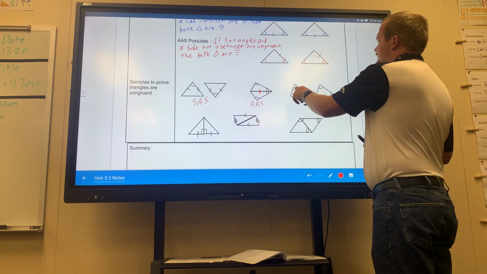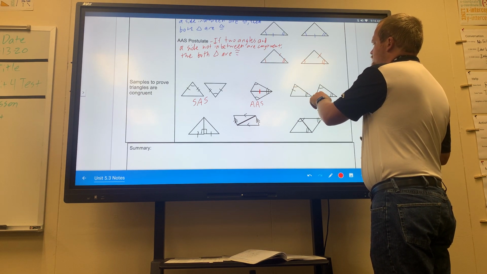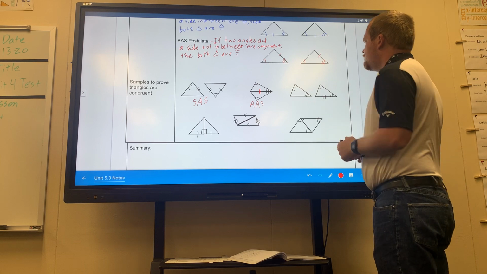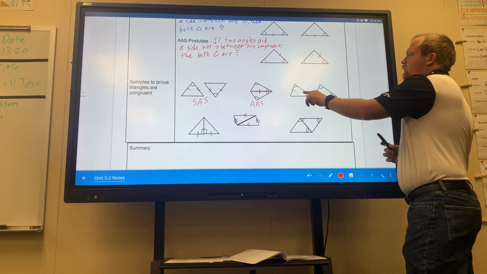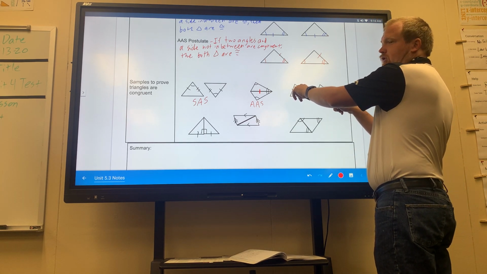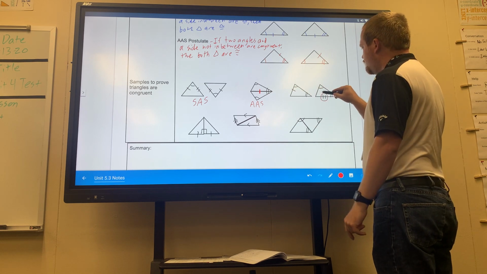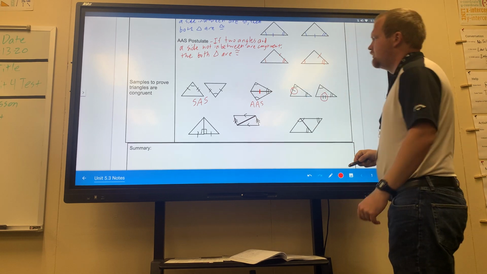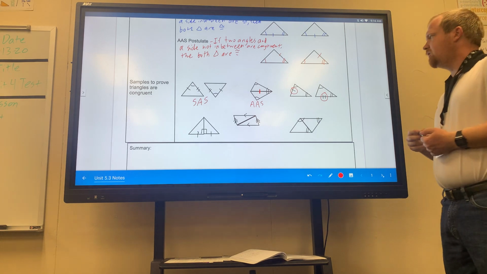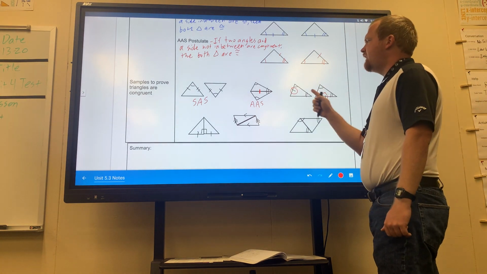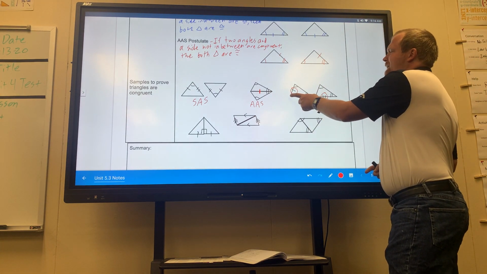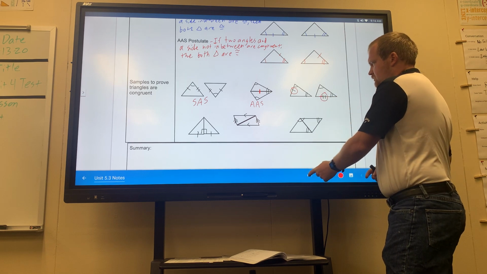Next, I have side, angle, angle, angle, side. Now notice how these are two different tick marks. These two are not the same, which means that these are not congruent sides. Now some of you are saying, well, what about these two being congruent?